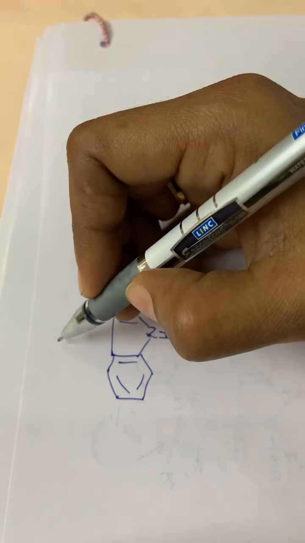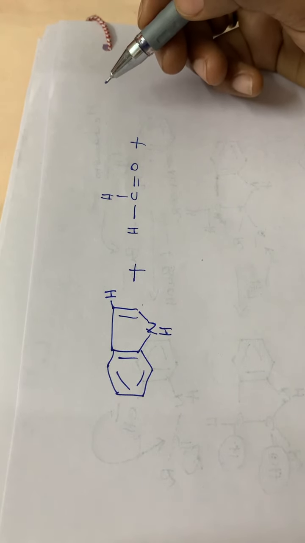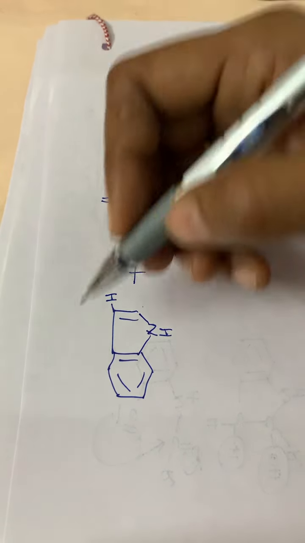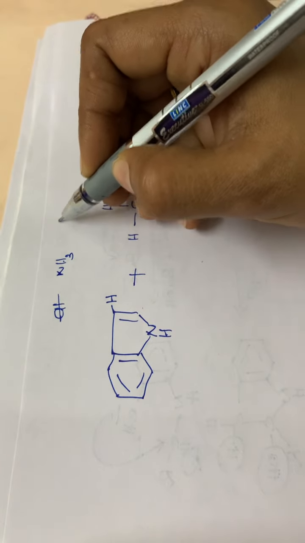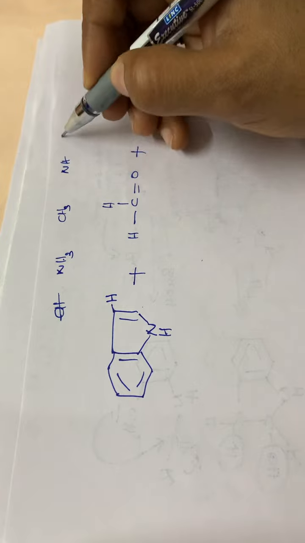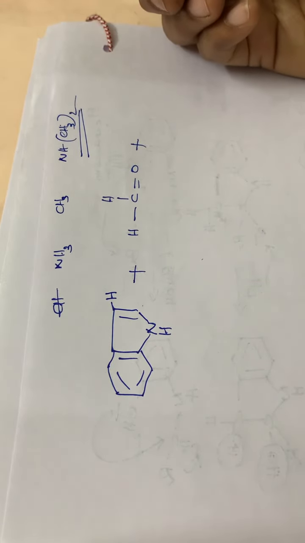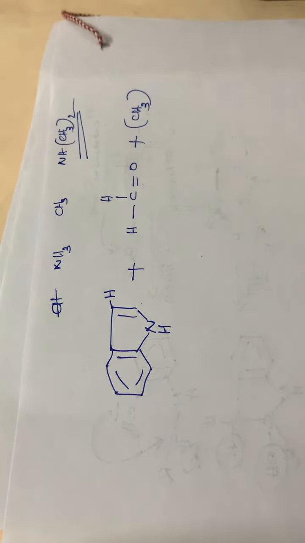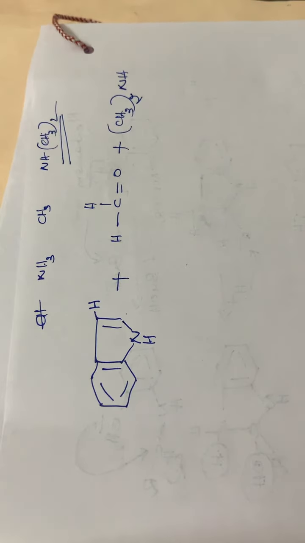Dimethylamine means in ammonia, NH3, two hydrogens are replaced by two methyl groups, 2CH3. So it becomes NH(CH3) twice. So this is dimethylamine, (CH3)2NH. So this is the reaction.